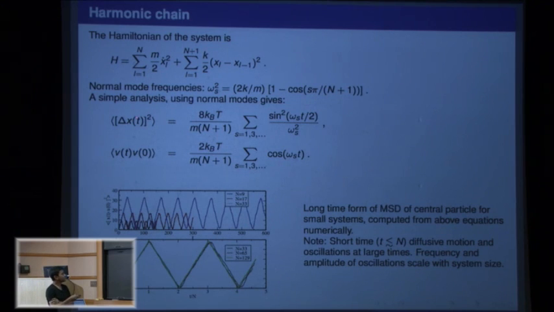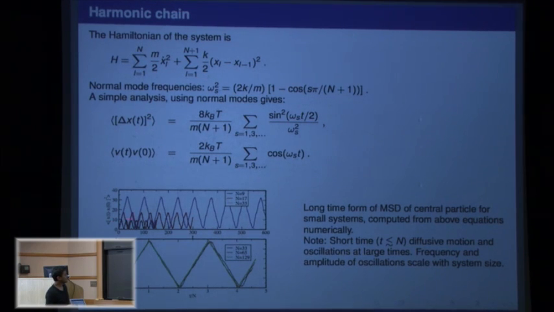To find the mean square deviation, it's a very simple analysis. What you find is that the mean square deviation is given exactly by this, and the velocity autocorrelation function is given by this. Supposing we numerically plot this as a function of time, this is what it looks like, for various system sizes, chains of size 9, 17 and 33.